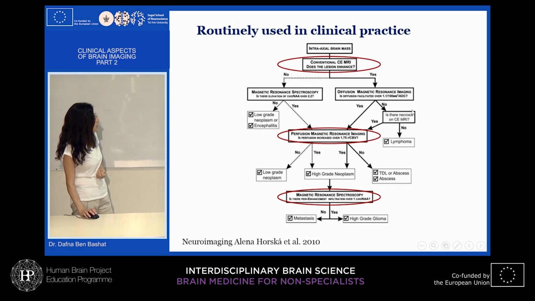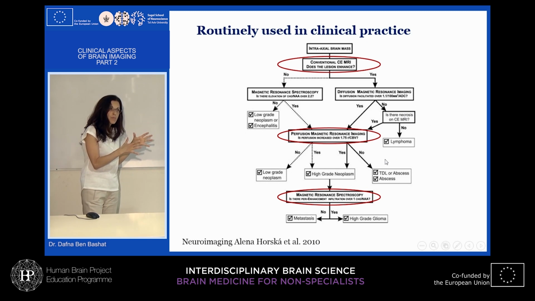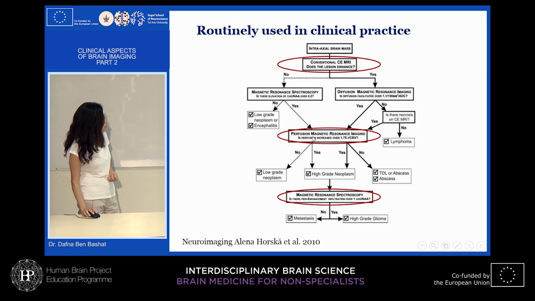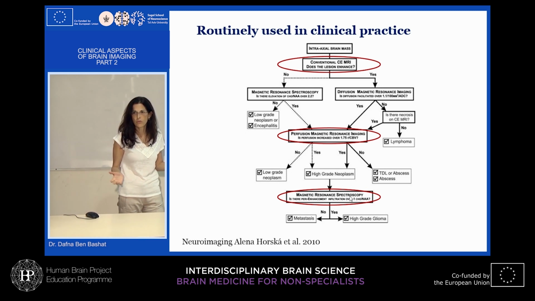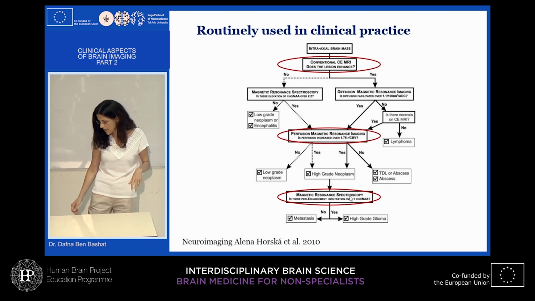If it's not enhanced, they use perfusion, and not always, but hopefully often, MR spectroscopy, and then they build a diagnosis. This is the clinical use of the method, and again it's multiparametric. It's never one method. You have to build it smartly, like a puzzle.